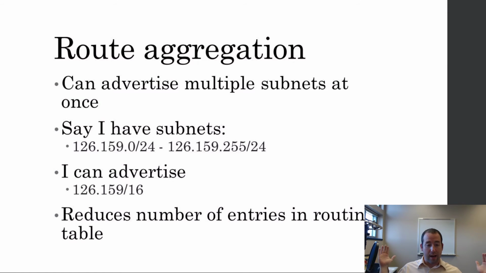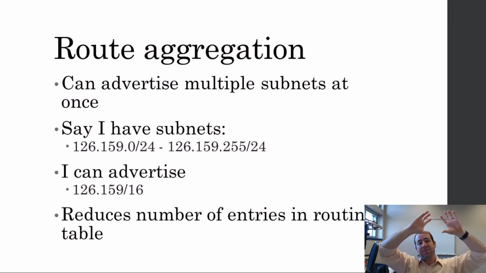Well, what I can do is I can aggregate those together and advertise just 126.159/16. And that saves us from having those 256 different subnets stored as individual entries in a routing table. We can have all of 126.159, and that big router at the border says, I have 126.159.